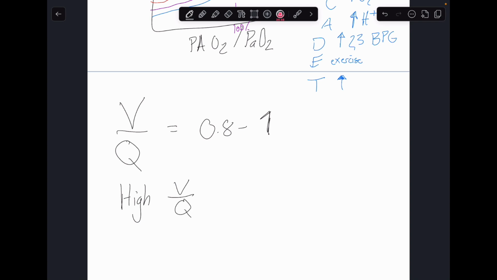V is our alveolar ventilation. So if we have a high V over Q, we're breathing more than normally, and that's most likely because Q is low, like a pulmonary embolism. So if Q is low, then we're not able to perfuse blood as easily. Then we'll be breathing more.